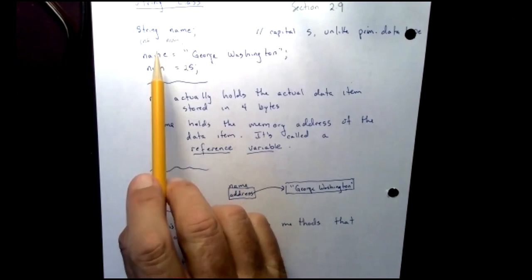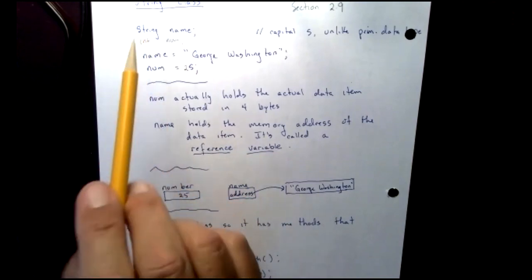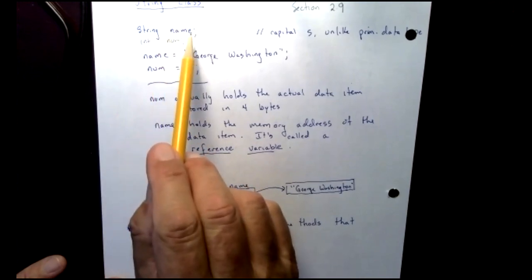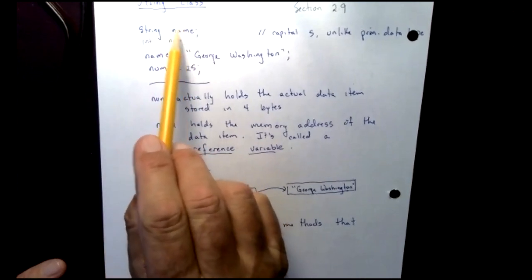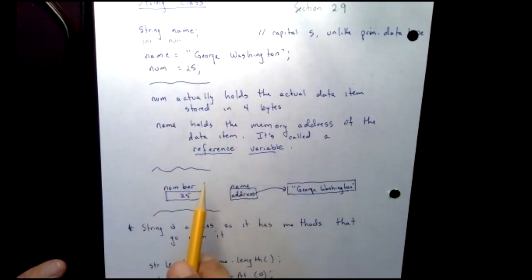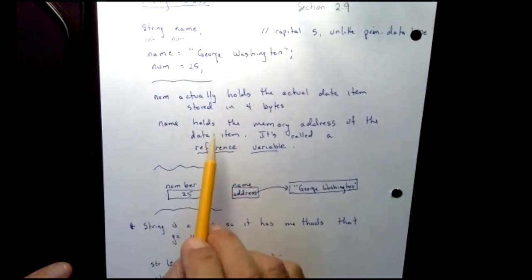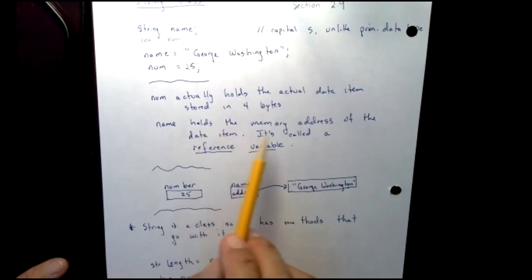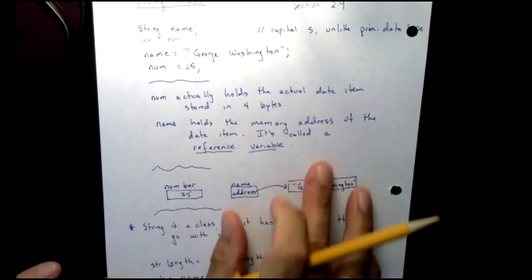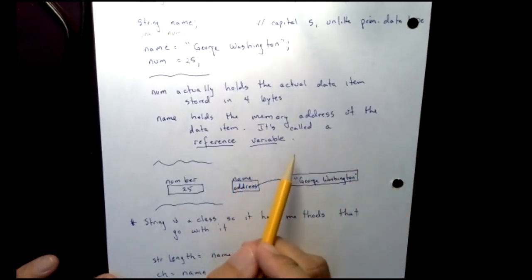Now, string is a little bit different. When I declare the variable, I have to find memory space that's available. So the memory space that I use is going to be a little different. It's not going to hold the actual value. In this case, it's going to hold the address of where the data item is going to be. And this is called a reference variable.